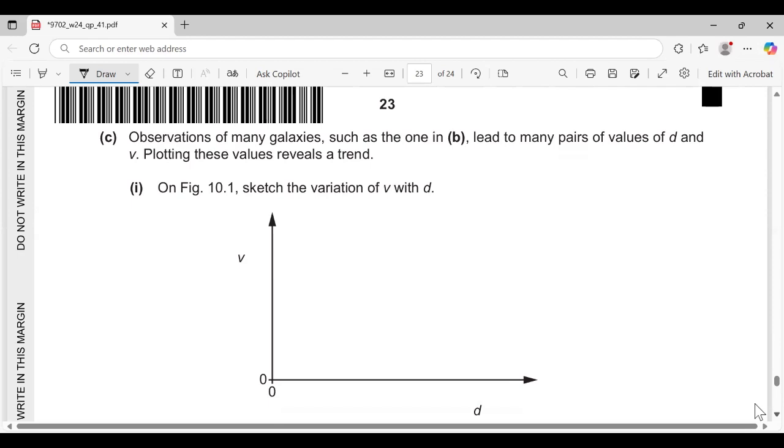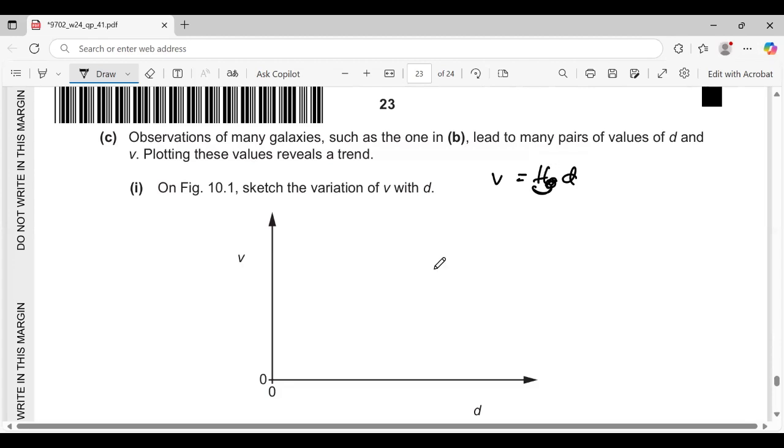This graph is a straight line graph, using the formula phi equals H0 d. H0 is the Hubble constant, d is distance, and phi is the recession velocity.